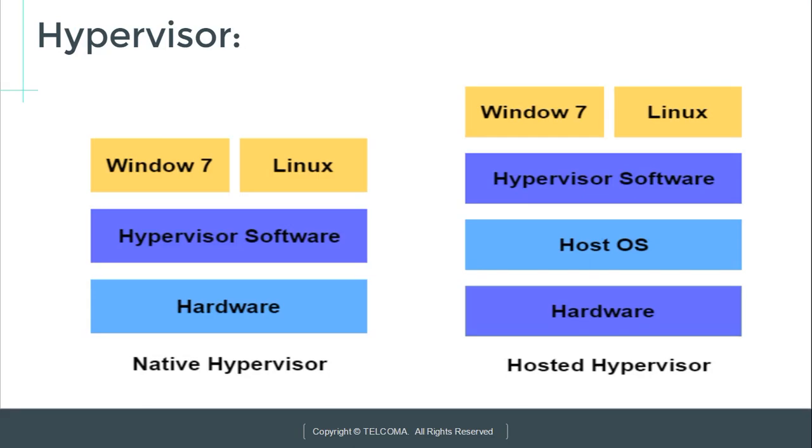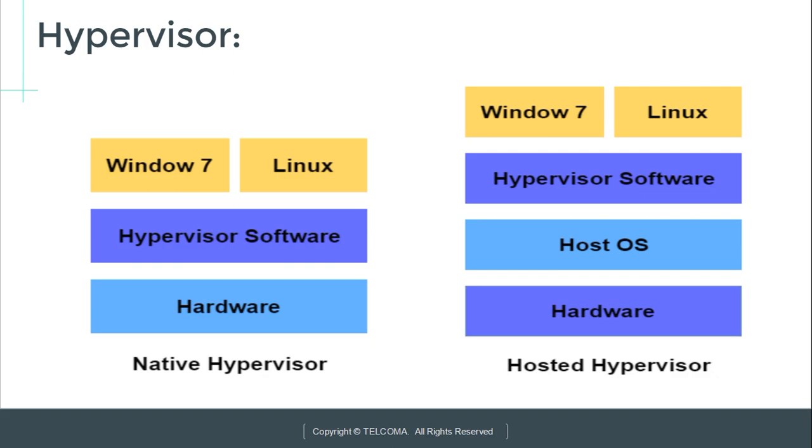This diagram shows the native hypervisors and the hosted hypervisors. In a native hypervisor, there is a single hardware over which we install the hypervisor software, and it is used to create various virtual operating systems. So we are using multiple operating systems over this single hardware.